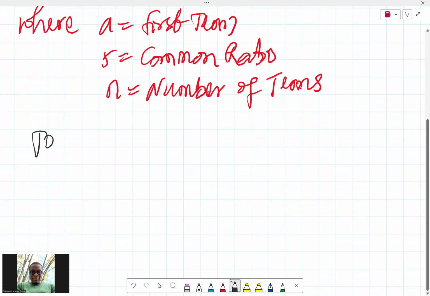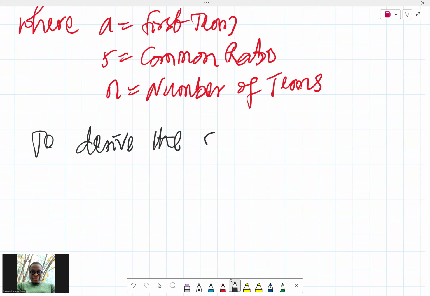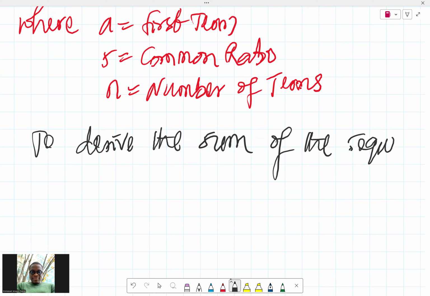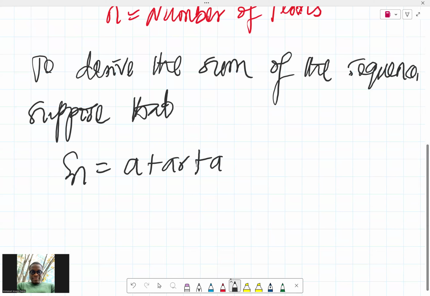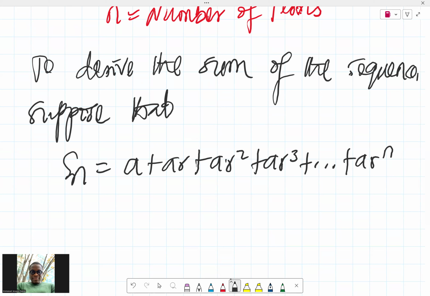So to derive the sum of the sequence, suppose that the sum Sn is actually A plus AR plus AR squared plus AR cubed, and that goes on until we get to AR raised to power n minus 1.